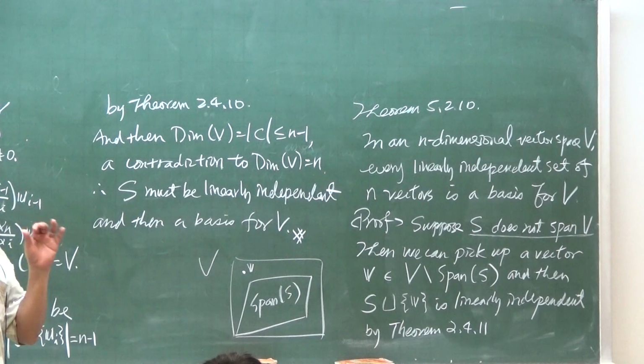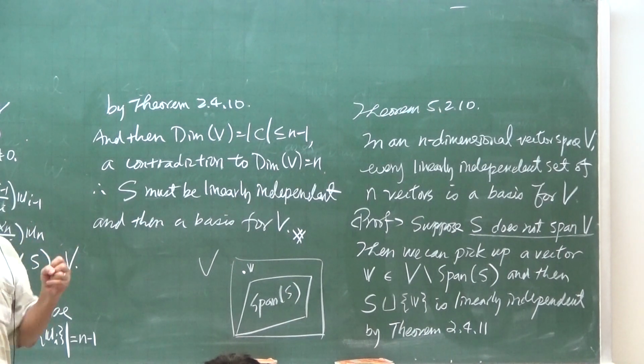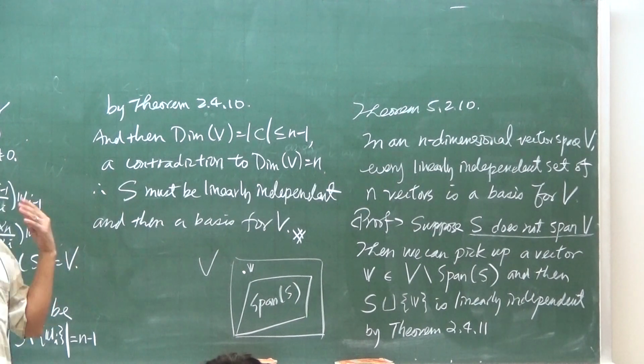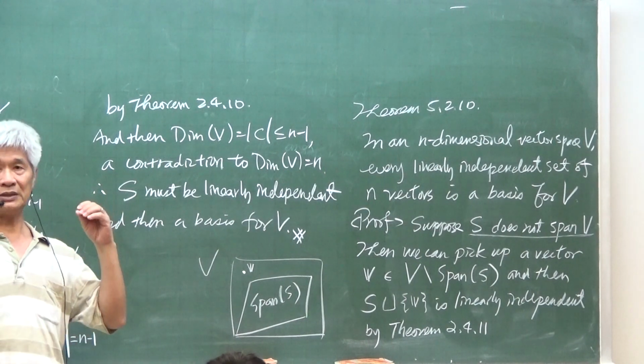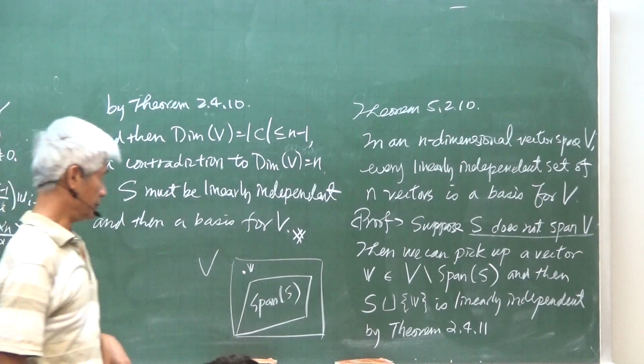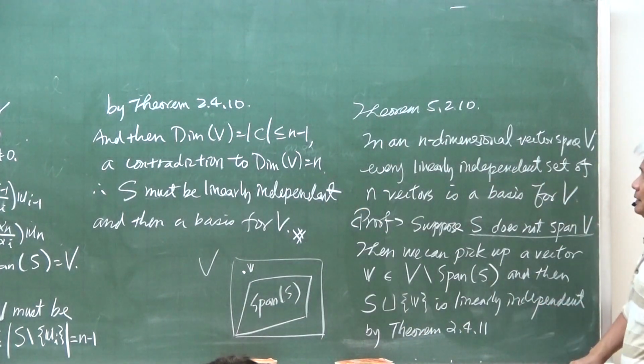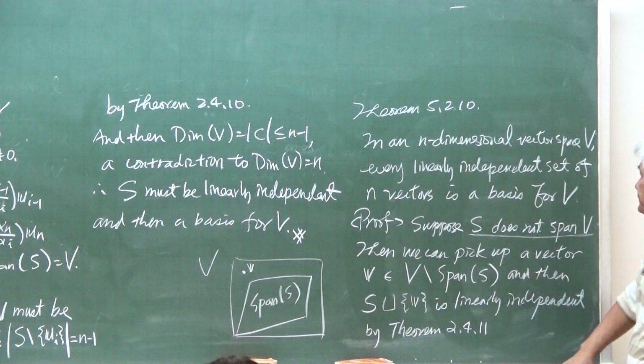And v1, v2, v3 becomes a bigger linearly independent set. Bigger and bigger, up to where? Up to the span of the set being equal to V, and we have no other possibility to pick an element. So this is the situation.